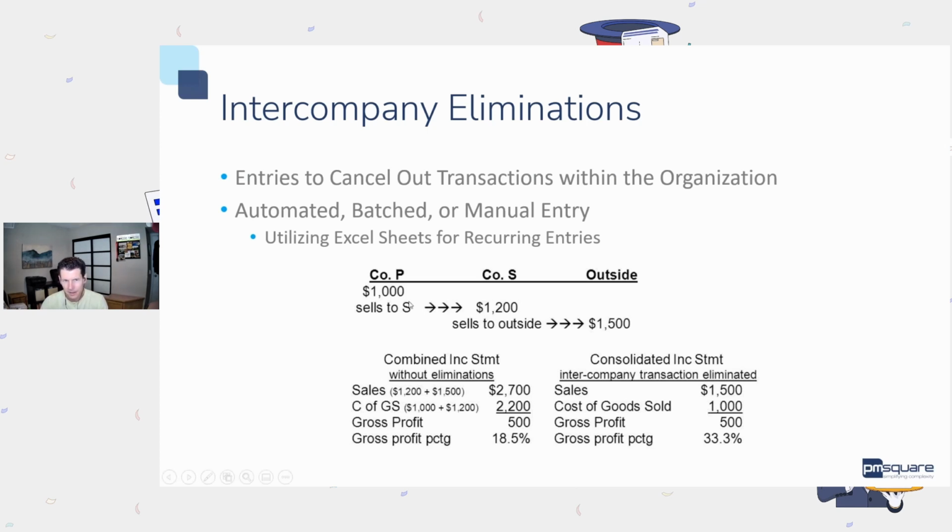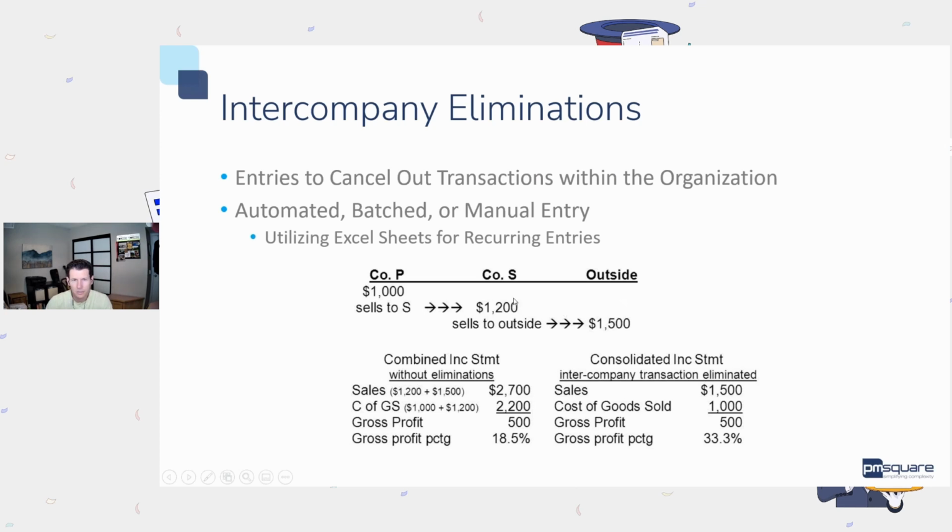Just as an example here at the bottom of the screen, we have the parent company selling for $1,000 what is purchased by the sub company for $1,200. So the cost of sale is 1,000 and the revenue is 1,200, and the sub company then sells to the outside world for 1,500, but it costs them 1,200.